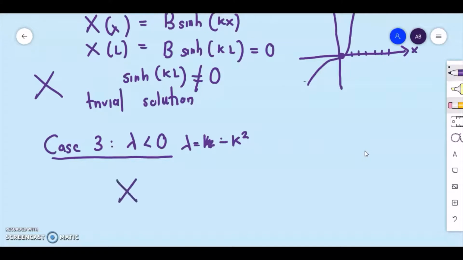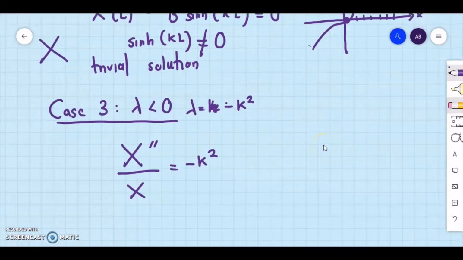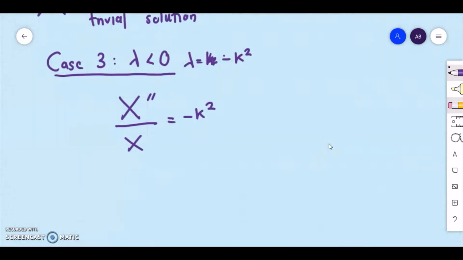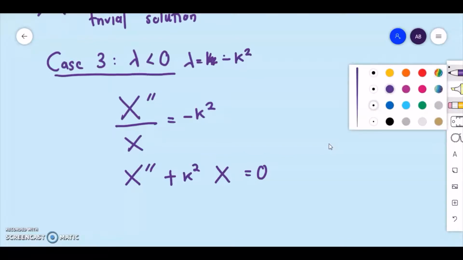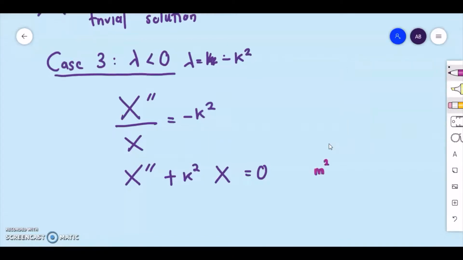So we have the second derivative equation with negative kappa squared, so the root must be complex, right? So plus kappa squared x equals 0. If you forgot, let me remind you, the characteristic equation is m squared plus kappa squared equals 0, m squared equals negative kappa squared.